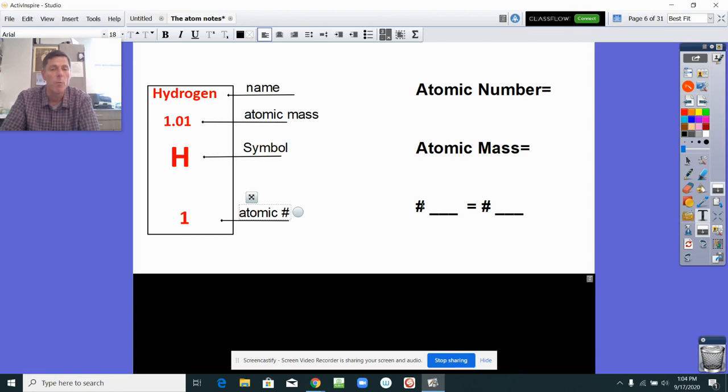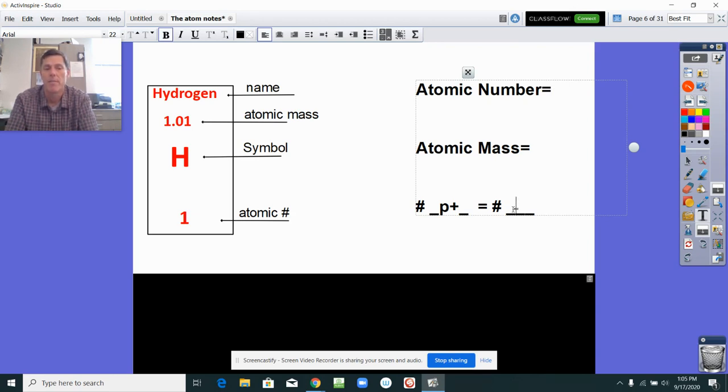A couple of things, one of the main things I need you to know, because we're going to be going through that. In an atom, the number of protons, I'm just going to use the symbol P+, is always going to equal something. Remember, protons have a positive charge, right? An atom has no charge.